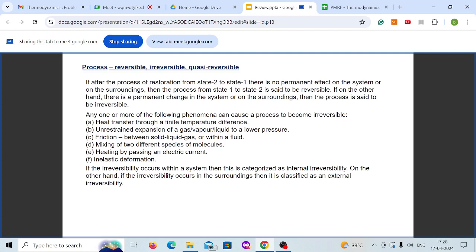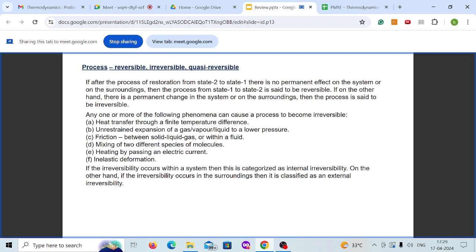Then friction between solid, liquid and gas, or within a fluid. Next is mixing of two different species of molecules. If you are mixing two gases, separation requires some work to be done. So that is irreversibility. Heating by passing an electric current is again an irreversibility.